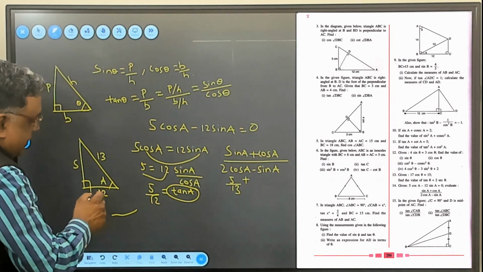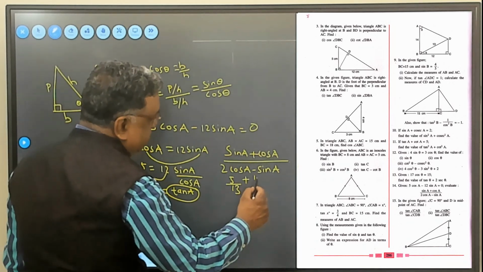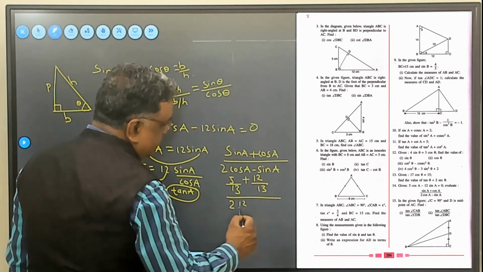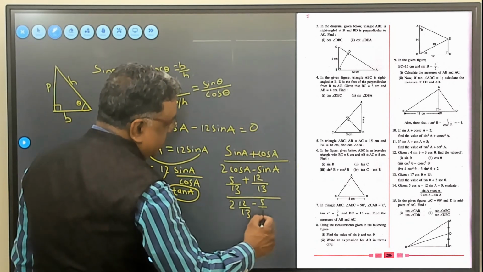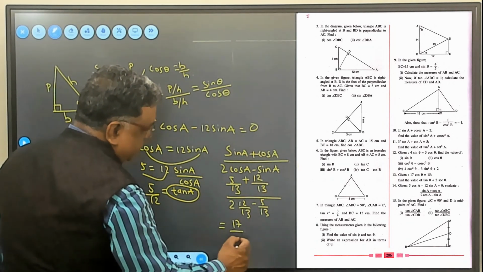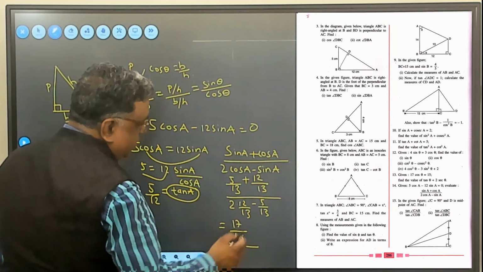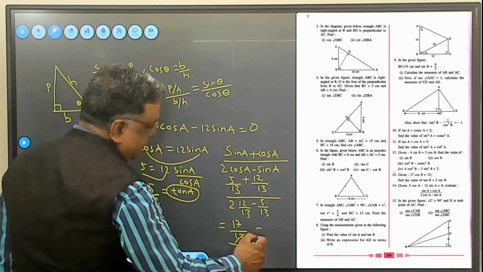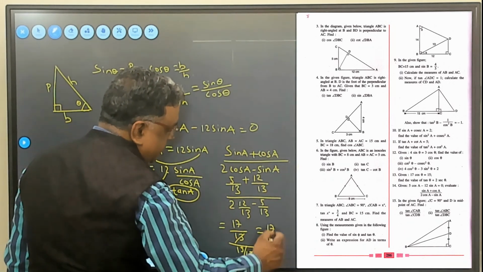Cos A is adjacent upon hypotenuse, which is 12 upon 13. Upon 2 into cos A, which is 12 upon 13, minus sin A, which is 5 upon 13. So if I add, 17 upon 13 over 24 minus 5, 19 upon 13. 13, 13 will get cancelled, so 17 upon 19 is the answer.